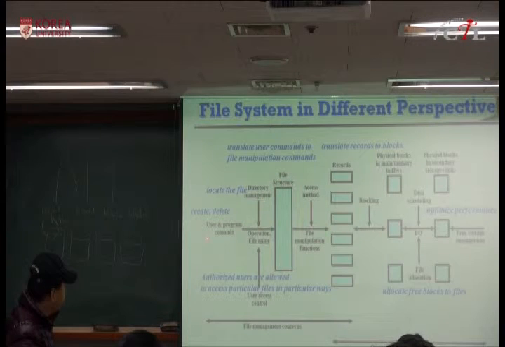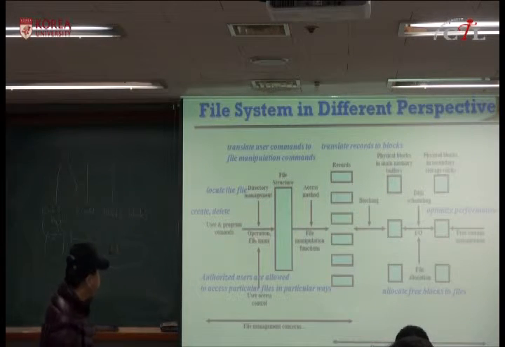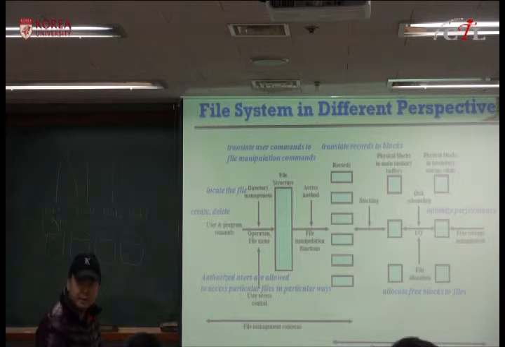So a user or application performs some file operations such as create, delete, read, or write, and then you first locate this file through directory management. Then you have to do some access control, so that only authorized users are allowed to access particular files in a particular way, whether read, write, or execute.